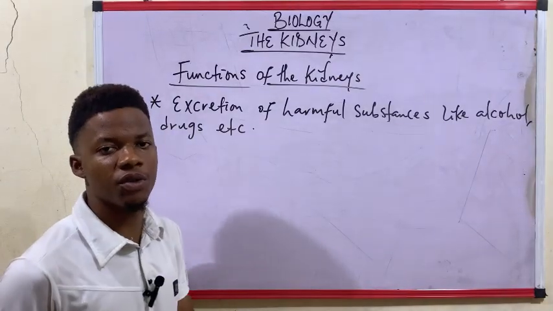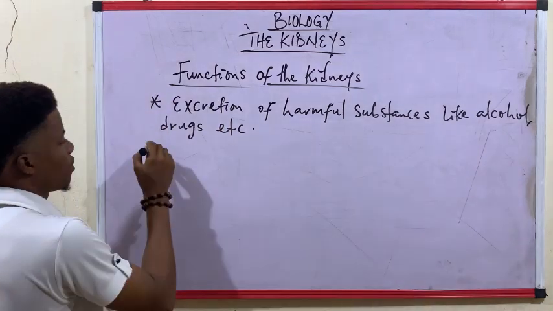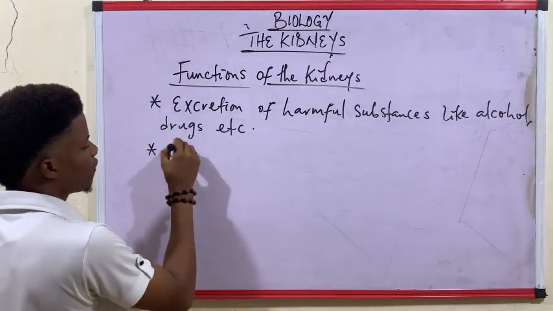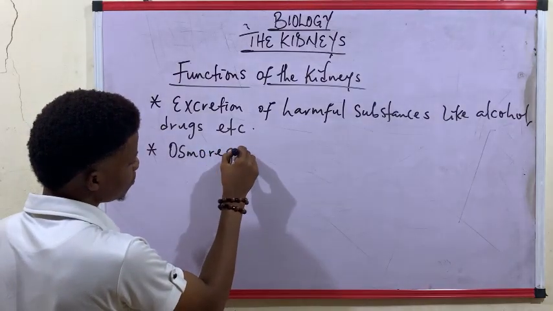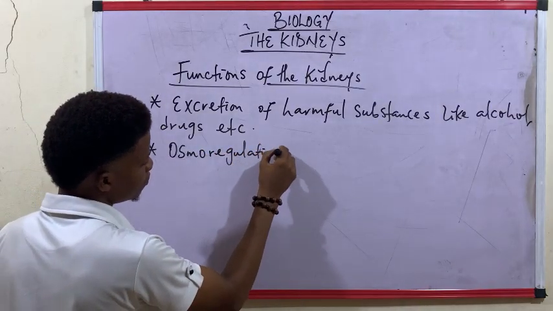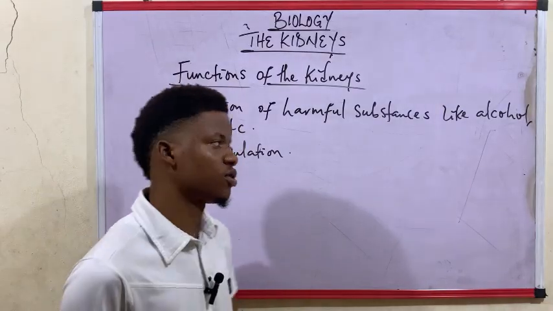So basically, one of the functions of the kidney is excretion. Then number two function we have is osmoregulation. What is osmoregulation?